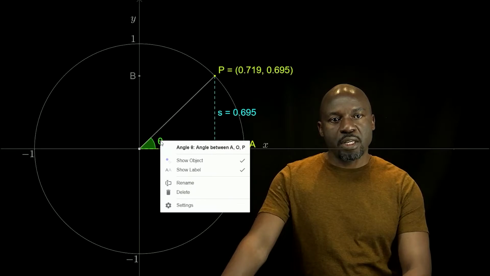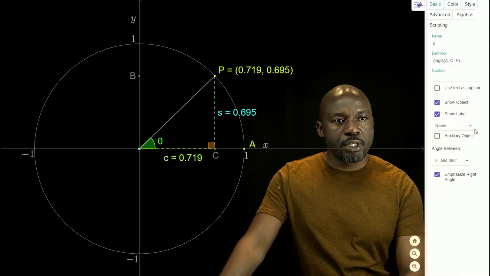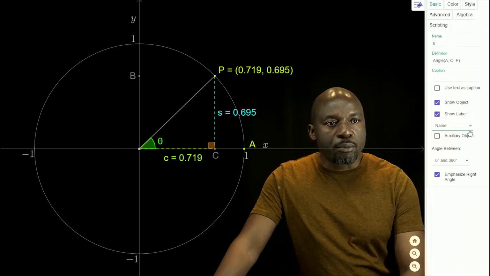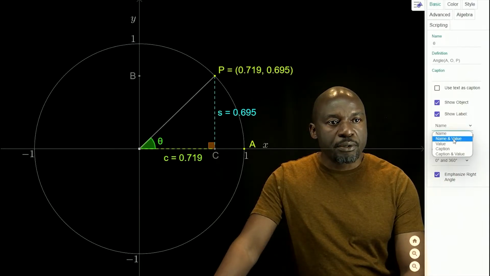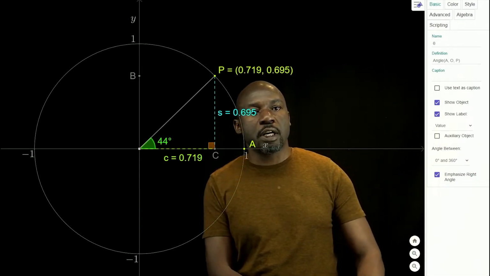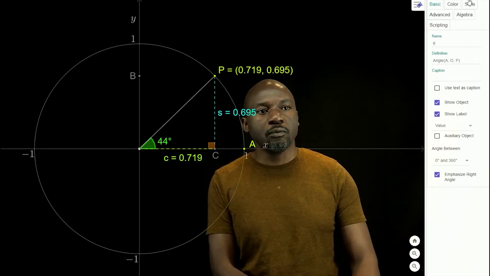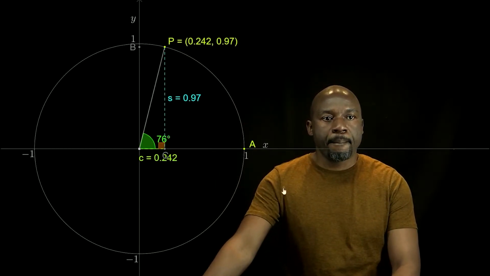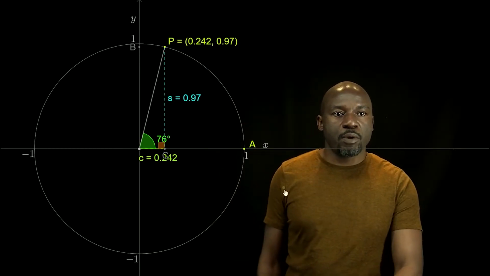In fact, let me also introduce the angle directly now. We can put the value for the angle. Okay, and we can see, let's start where we were.